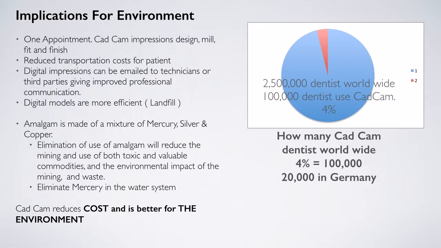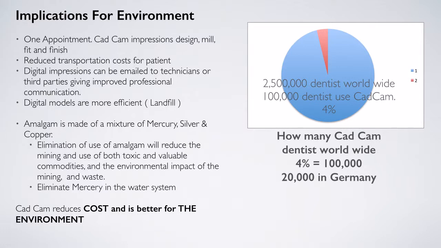The amalgam is a huge part, I think, of the CAD/CAM system going forward, and the environmental impact. The new ceramic block reduces the amalgam, and amalgam is made up, as we all know, of mercury, silver, and copper.